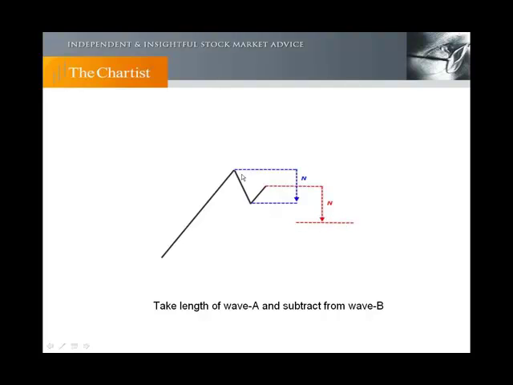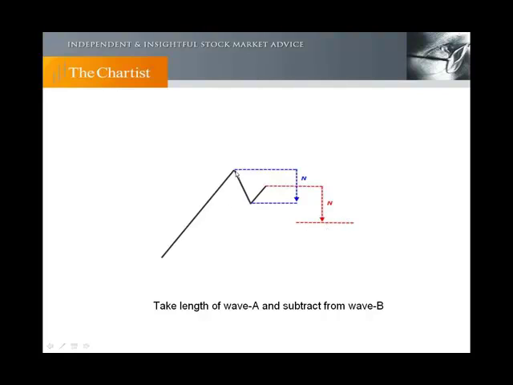So just bear with me with this. We can take this distance down here and project it from the wave B high by a certain percent. Usually it's 1-to-1. Or we can take this distance and project it by a certain percentage, usually 50%, and we'll get a wave C terminal point.